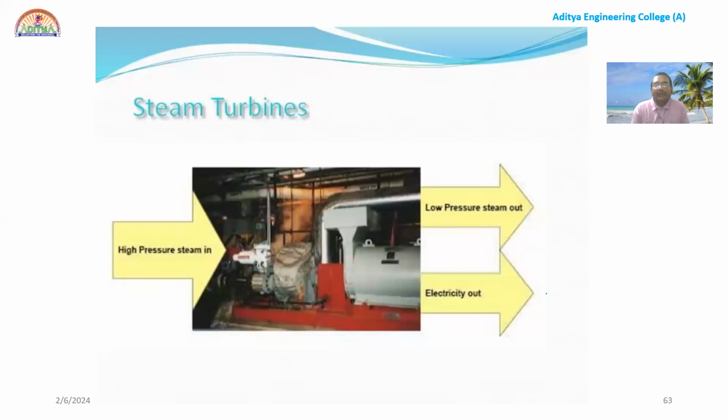Okay. What will happen after the high pressure steam is hitting the turbine, right? We will get the electricity and we will get low pressure steam out, because high pressure steam will hit and kinetic energy is transformed. It will become low pressure steam. This low pressure steam will enter into the condenser and it will become water.